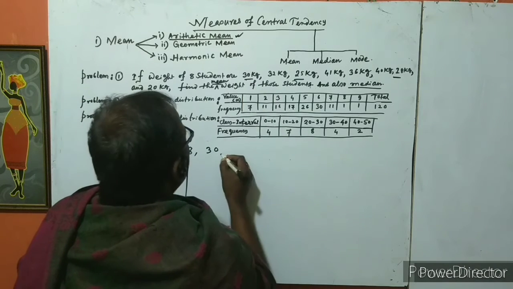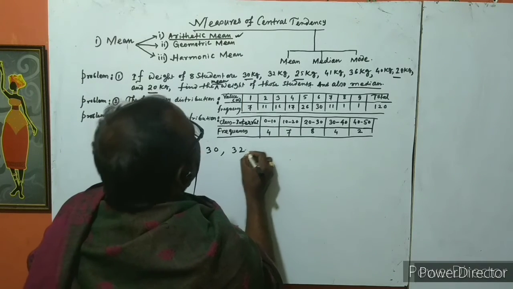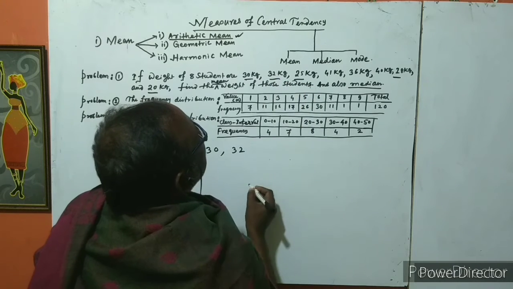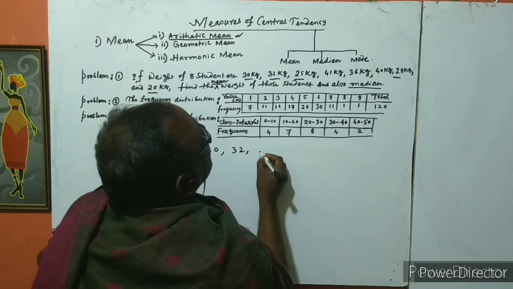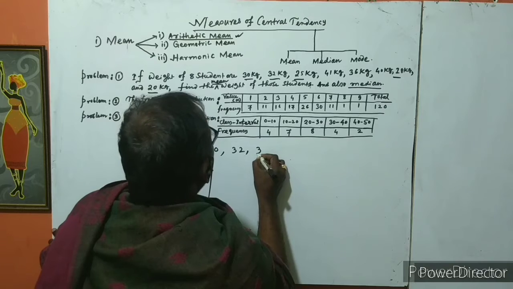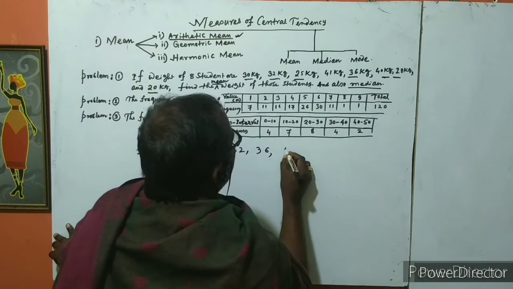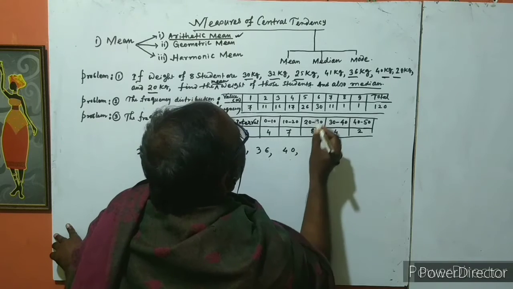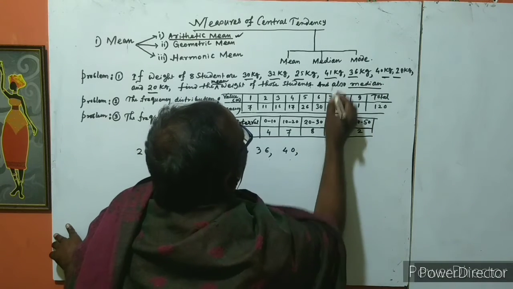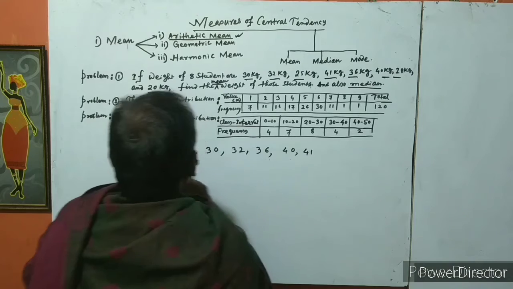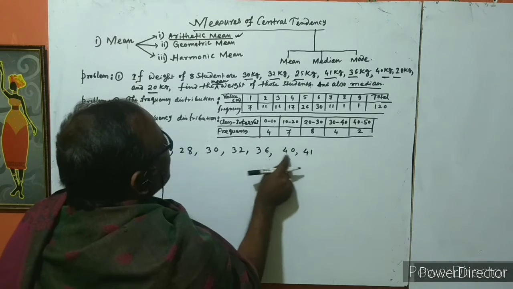Okay. Then 32. Okay. Then 36. Okay. Then 40. Okay. Then 41. 1, 2, 3, 4, 5, 6, 7, 8.